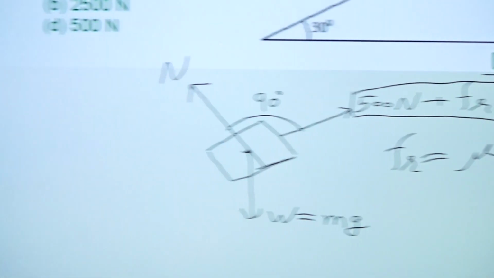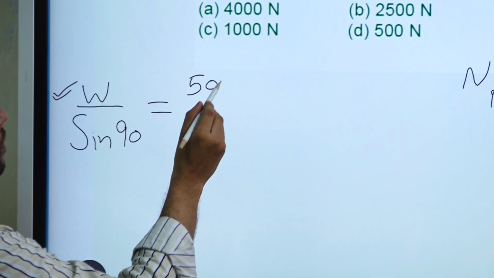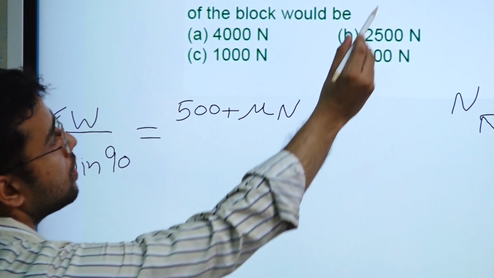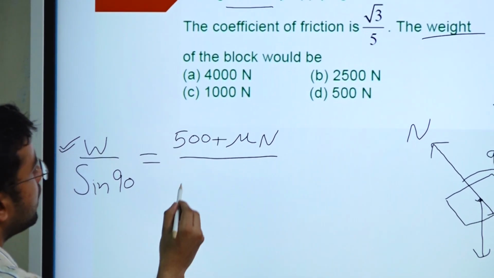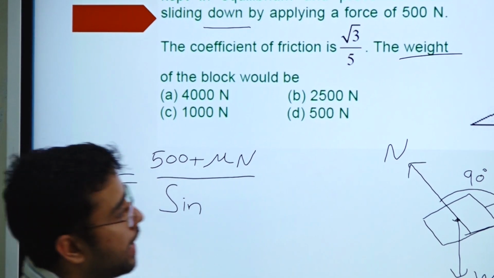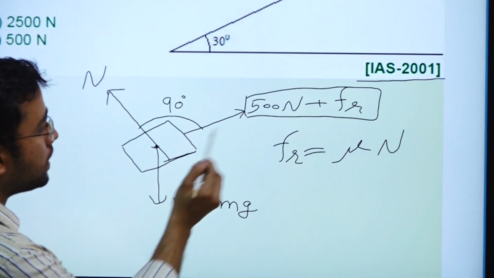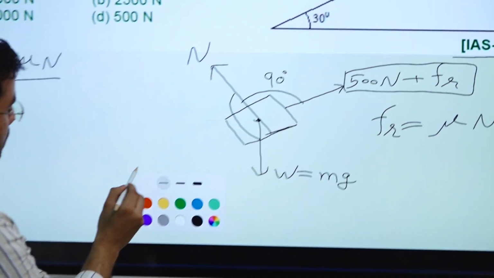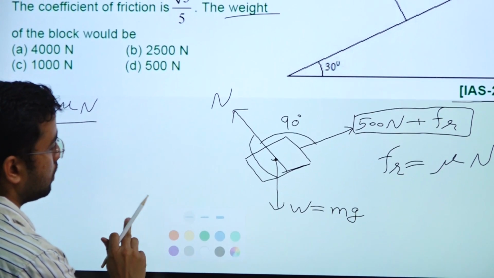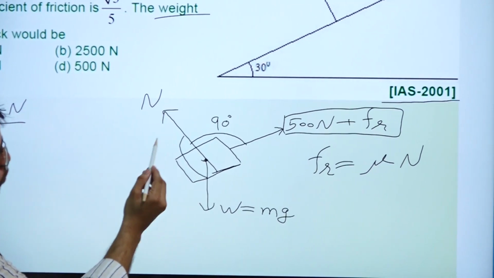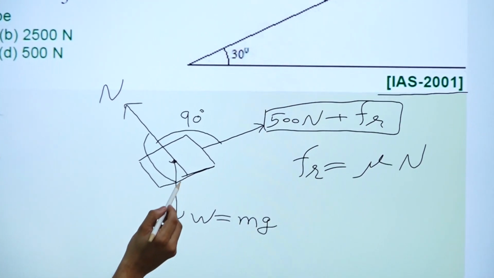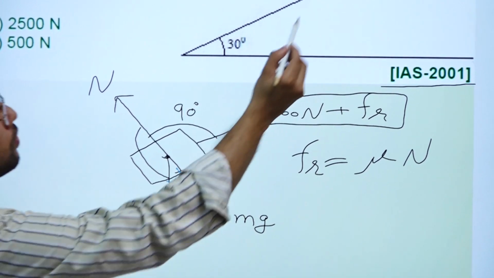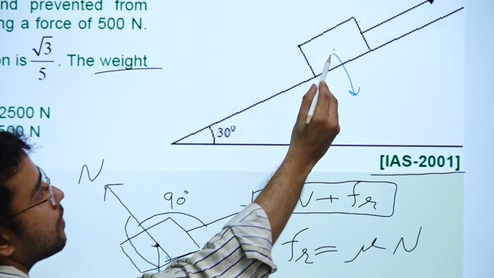So 500 plus mu N, where mu, the coefficient of friction, is given as √3/5, divided by sine of the angle in front of this force. How much will this angle be? We can easily find it: we know this angle is 30 degrees.